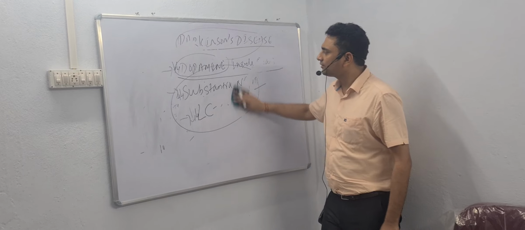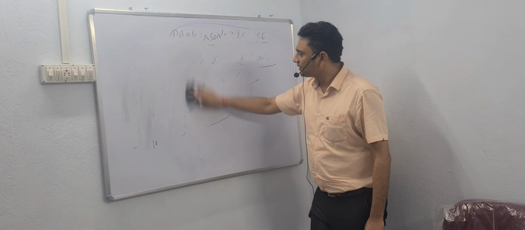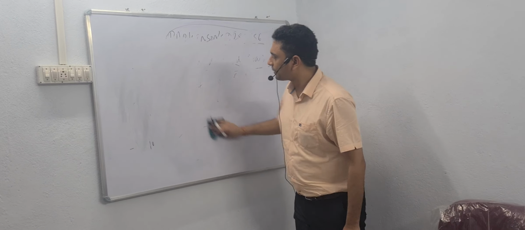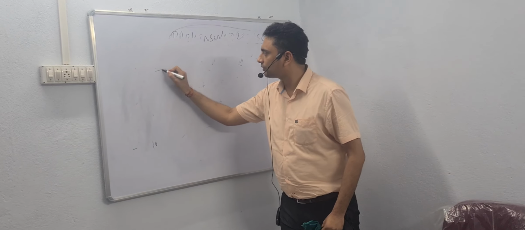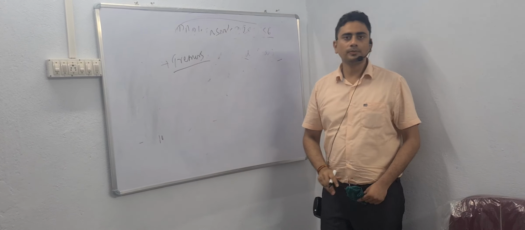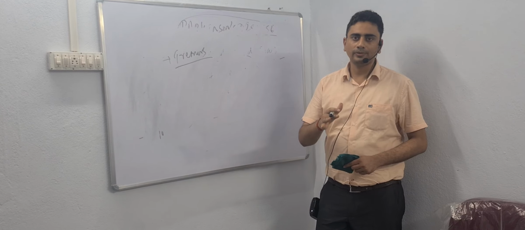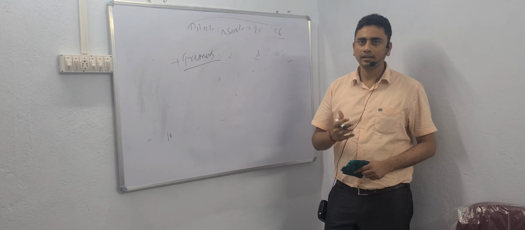So what are the signs and symptoms associated with decreased level of dopamine? The most common sign in Parkinson's disease is tremor. There will be shaking of limbs, hand or leg.